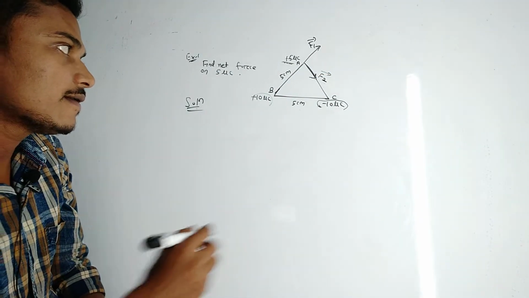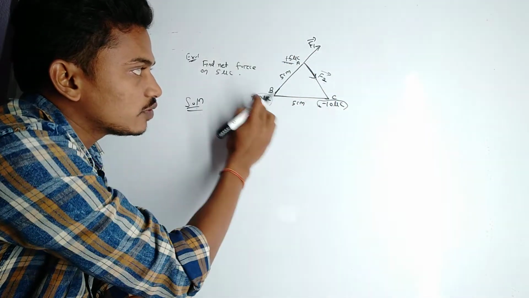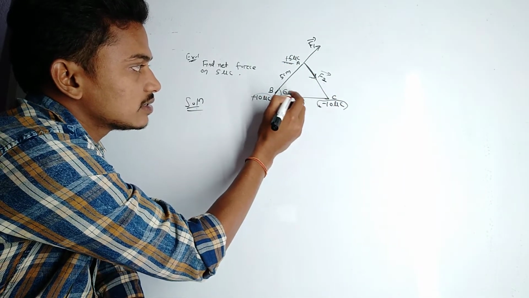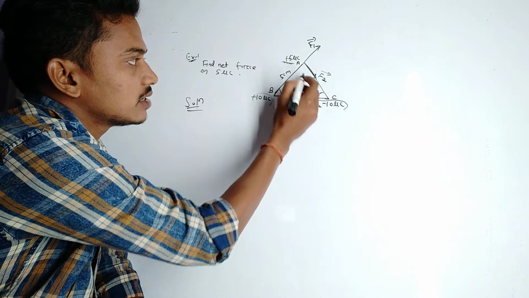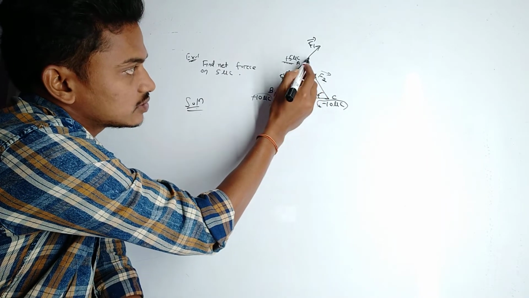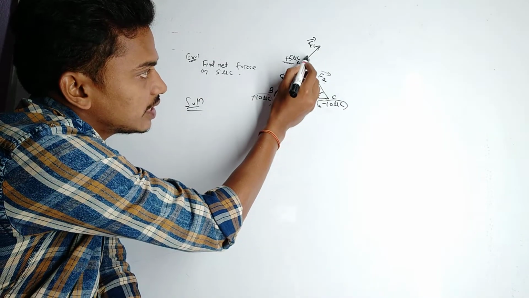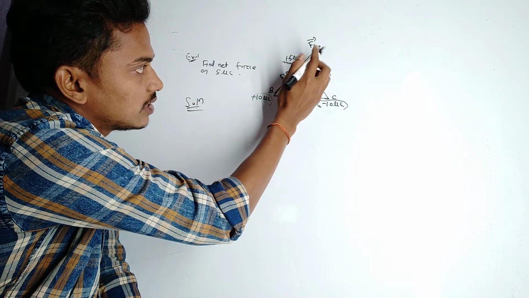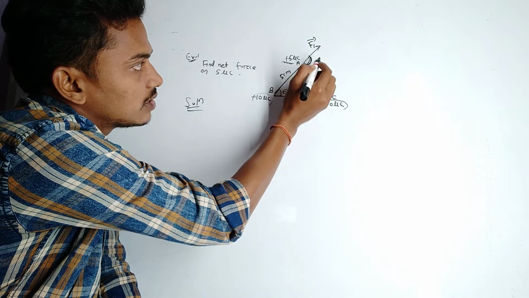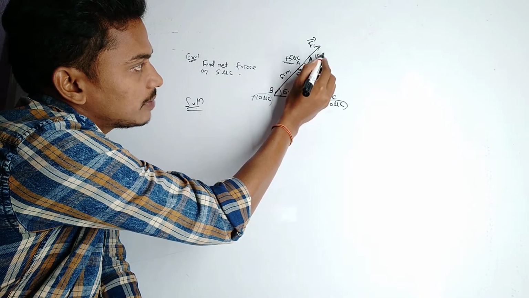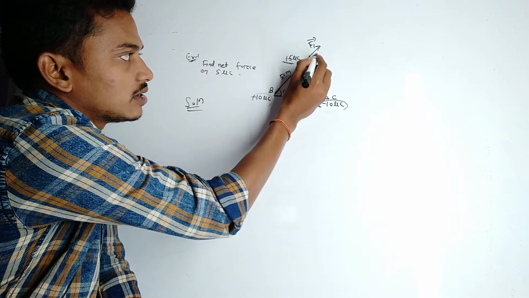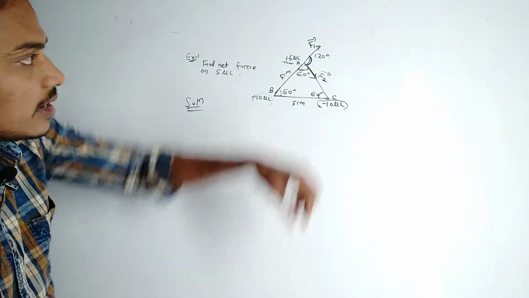You see here that this is an equilateral triangle, so all the angles are 60 degrees. This is 60 degrees, this will be 60 degrees, and this total angle is 180 degrees. So this angle will be 180 minus 60, that is 120 degrees.